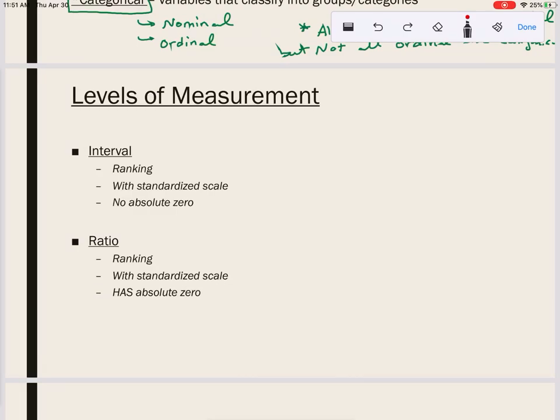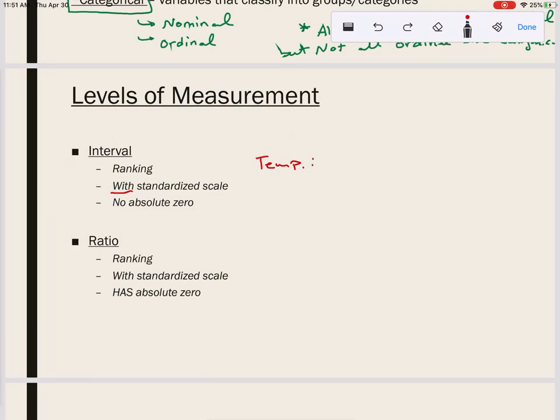So then we move on to interval. And as you can expect, we keep becoming more and more specific. So in an interval level of measurement, the variable has ranking, but it is with a standardized scale. We tend to see a lot of interval variables, but most we're going to see ratio, though we can see some interval variables. Let's talk about temperature.